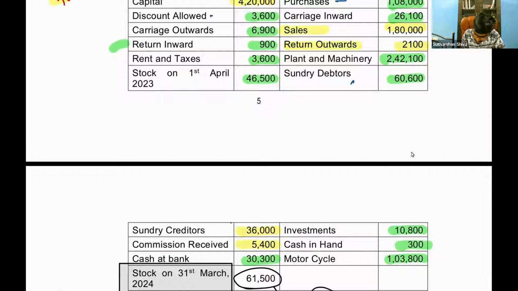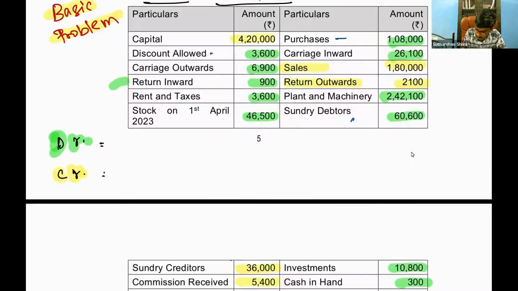We'll just quickly calculate the debit values, and we will find out the credit values as well. If I add the credit values, 4,20,000 plus 1,80,000 plus 2,100 plus 36,000 plus 5,400, it will become 6,43,500.